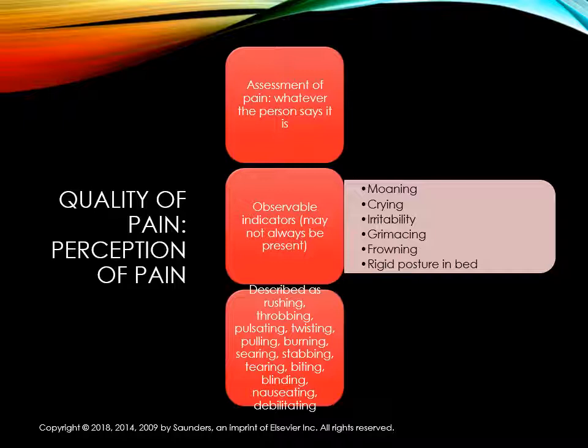Observable indicators may not always be present, and include moaning, crying, irritability, grimacing, frowning, or rigid posture in the bed. Perception of pain may be described as rushing, throbbing, pulsating, twisting, pulling, burning, searing, stabbing, tearing, biting, blinding, nauseating, or debilitating.